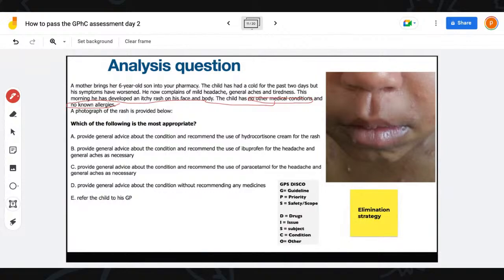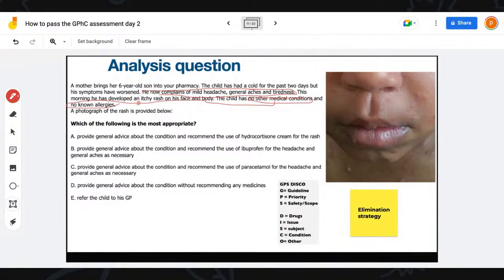What is the issue? Do we have an issue? Yes, we do. What is this child presenting with? In the past 2 days, there is a cold. Symptoms have worsened, so the cold has gotten worse. But now the child complains of mild headaches, general aches, and tiredness.